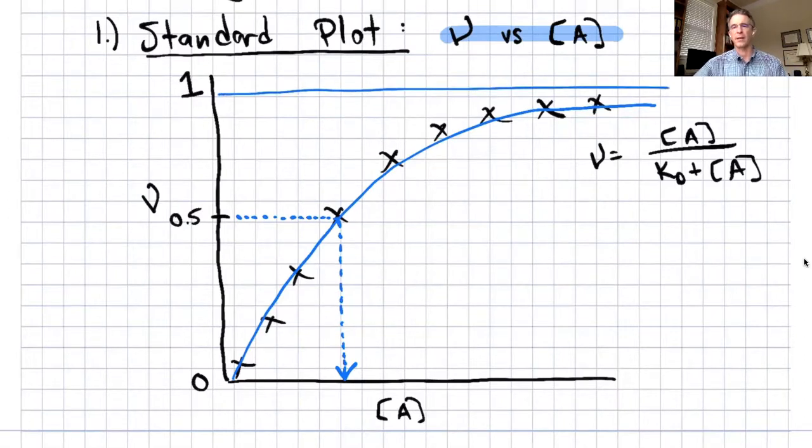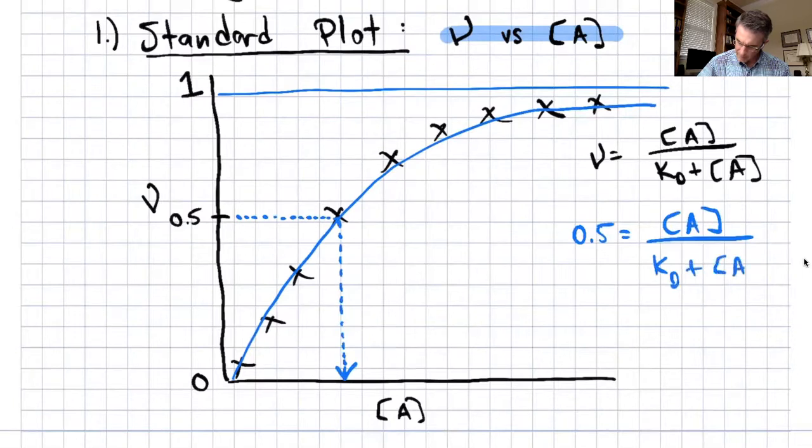So at that 50% point, the following would have to be true: 0.5 would have to equal the concentration of A over KD plus the concentration of A. What does that mean?